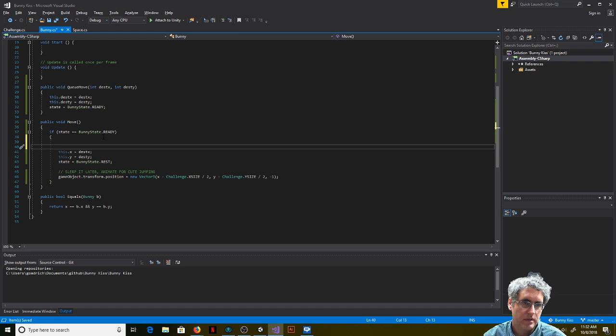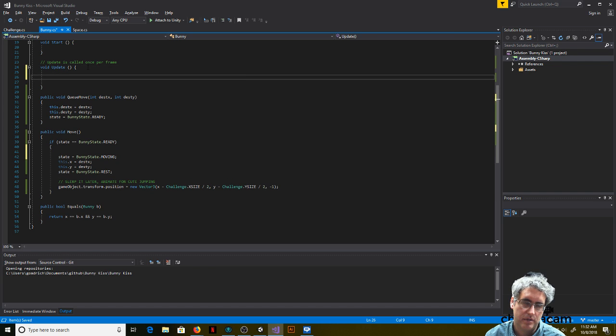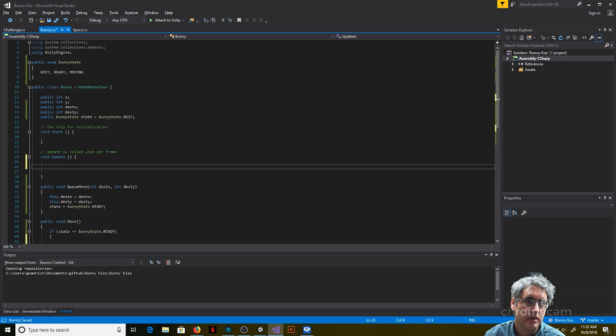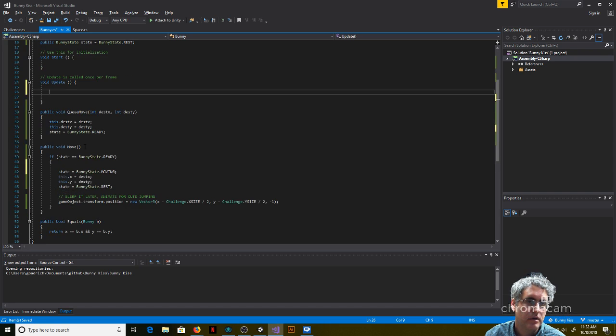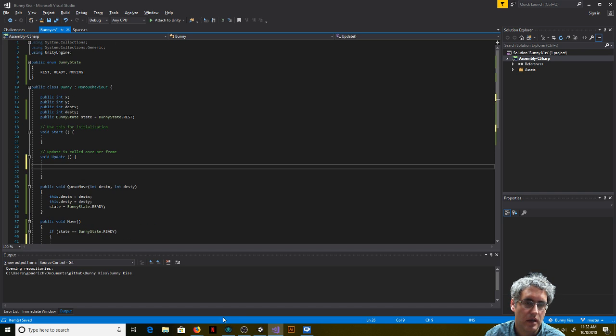Okay, well, now let's start it off here. State equals moving. And it's in the update that we need to start cranking this out, right? Because we need to have some kind of time. Yeah, I remember that.